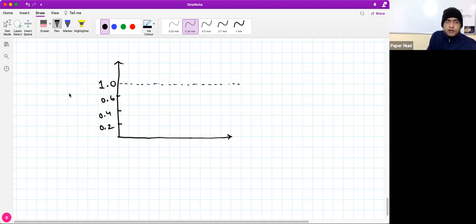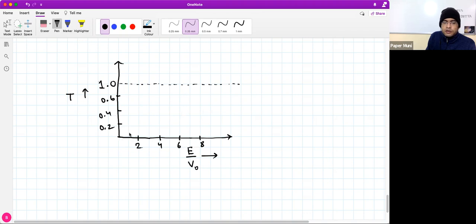This is the T which is increasing in this direction, and along the other axis we are showing E by V naught. Let's divide this again into a few parts: 2, 4, 6, 8. We don't need to worry about the values. It might not be accurately plotted here, but just see how the curve looks. So the curve will look like this.